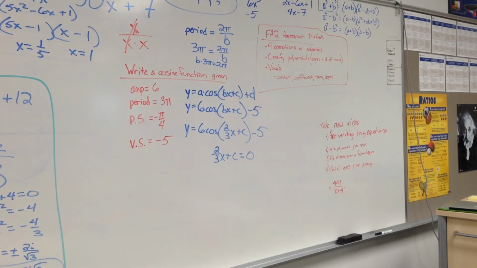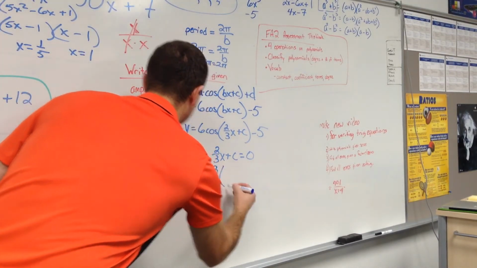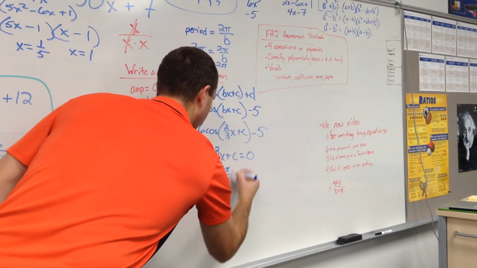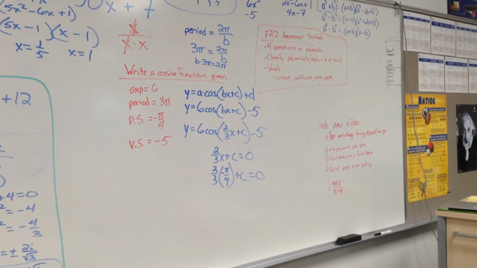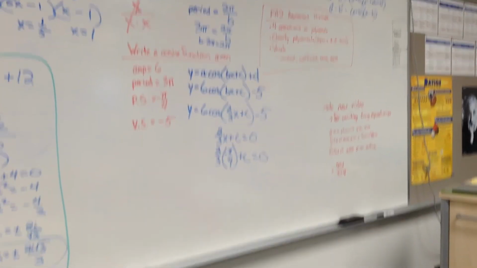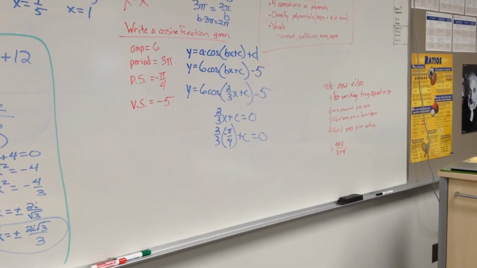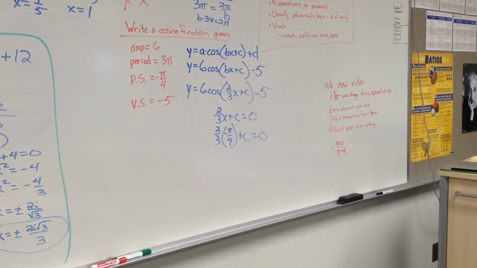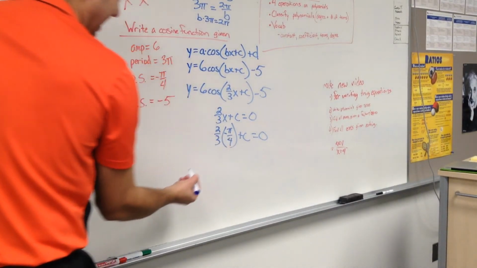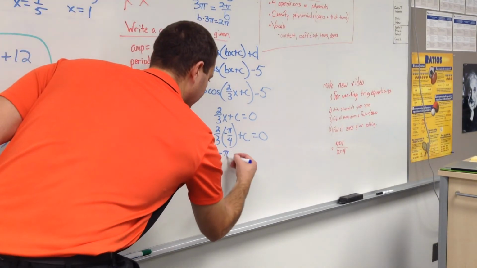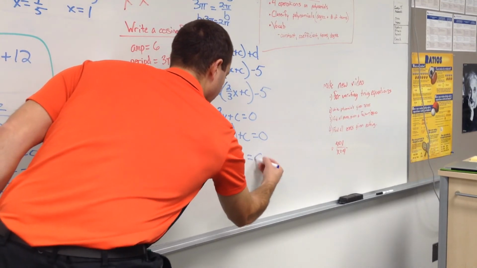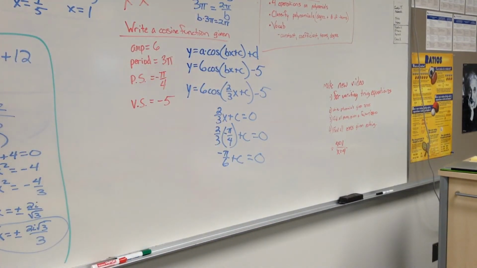So 2/3 times -pi/4 plus c equals 0. Yes, no, questions? Now we solve. This would be -2 pi over 12, better known as -pi over 6. Add pi over 6 to both sides, and you'd get c equals pi over 6.